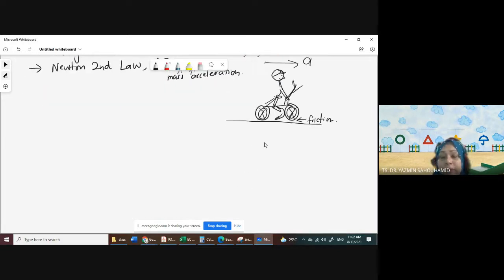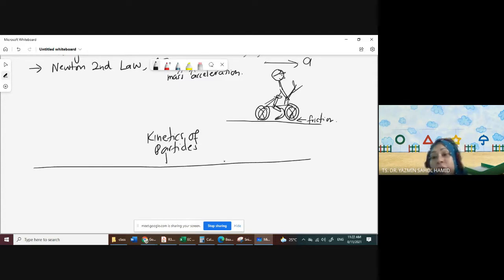When I say different types of coordinate systems, it means for kinetics of particles, your first step is to identify which coordinate system you want to use. It's very similar to kinematics. Okay, so you have the rectangular coordinate system.